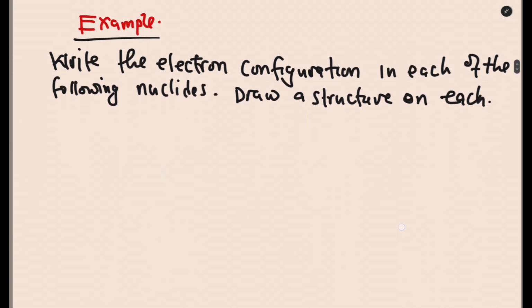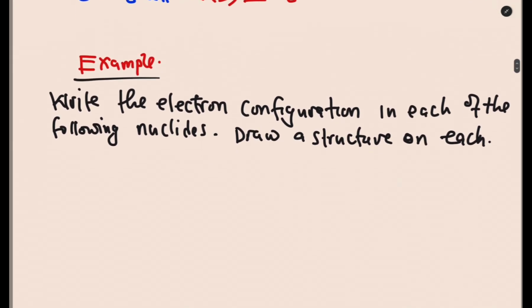Okay, so what are those that we are going to write the configuration for? So A, let us look at lithium. Let me start with lithium. So this I'm just getting from the periodic table. Lithium has 7 on top, then here 3.